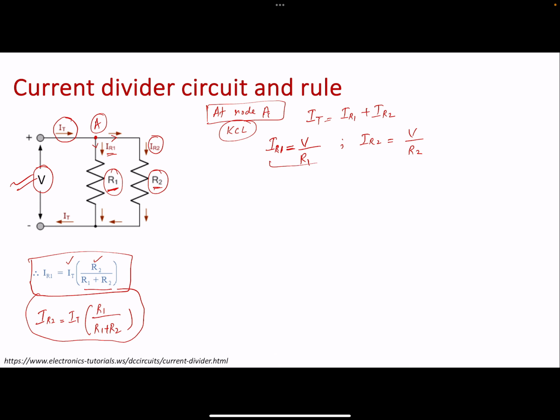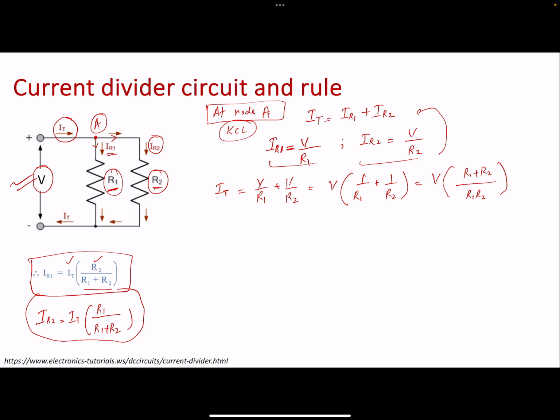Let's put both of these back into this equation. The total current should equal V over R1 plus V over R2. You can take V common: 1 over R1 plus 1 over R2, which is R1 plus R2 over R1 R2.